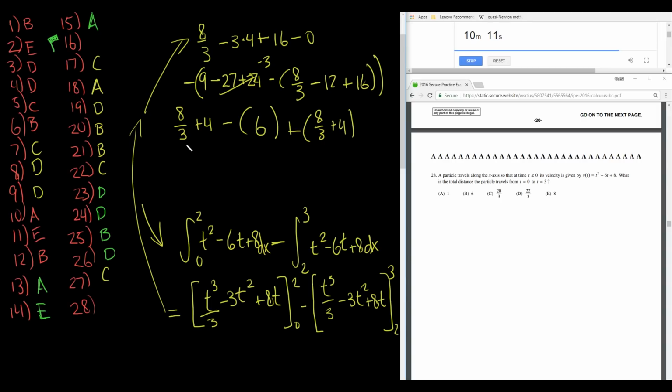So this equals 16 thirds plus 8, which can otherwise be written as 24 thirds, minus 6. Well, this comes out here, 16 plus 24, 40 thirds. 40 thirds minus 18 thirds. This is going to come out to 22 thirds. Yes! Okay, wow.